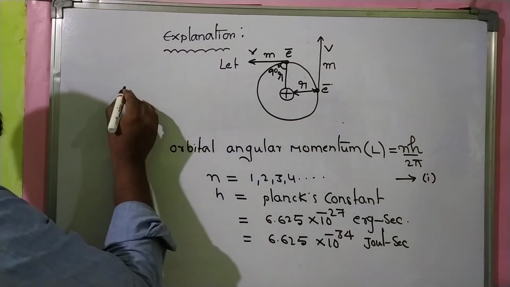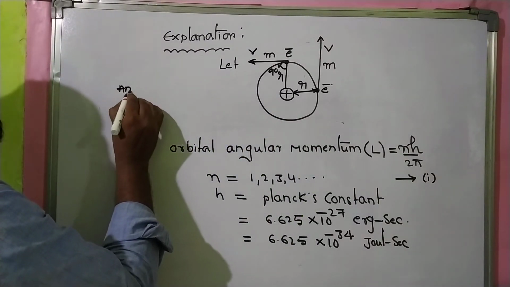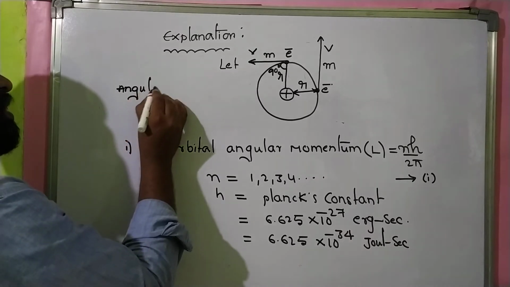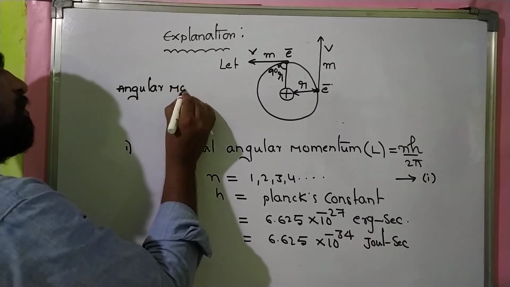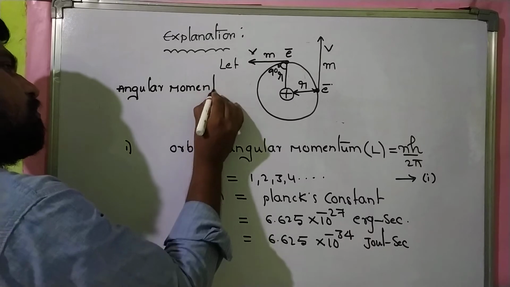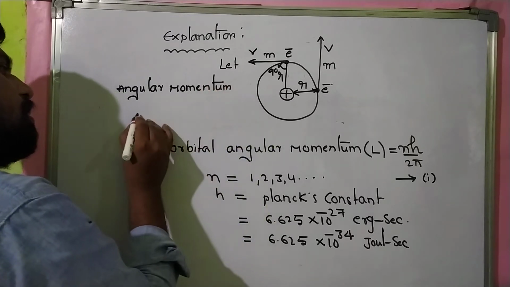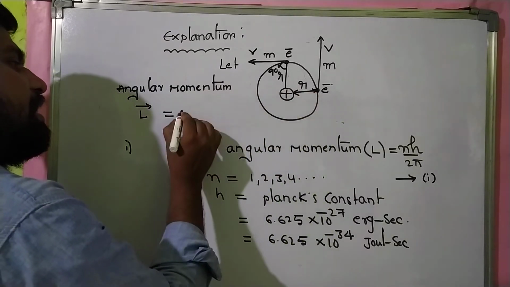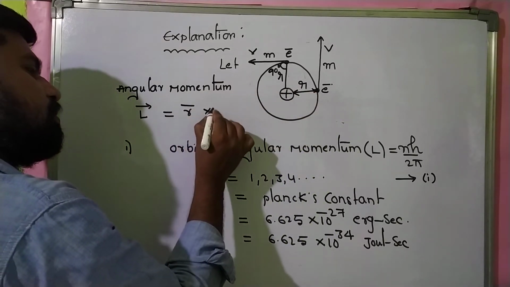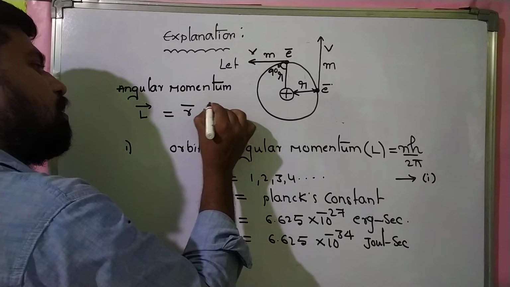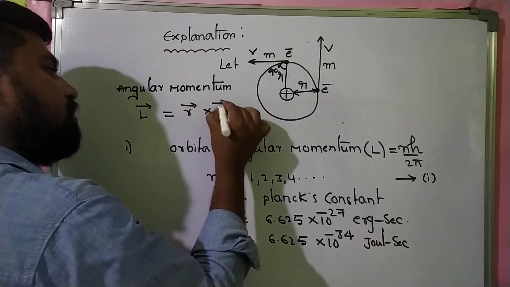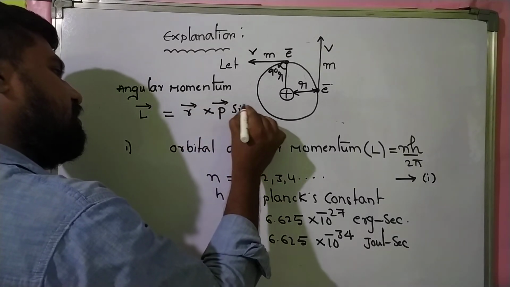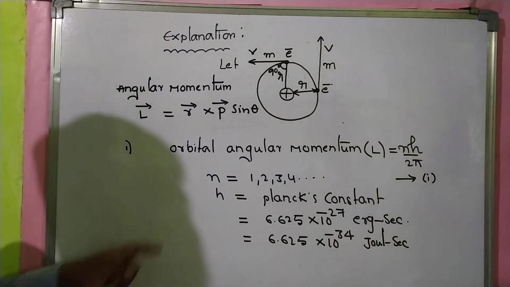The angular momentum L bar equal to radius vector into momentum vector sin theta. Please listen.